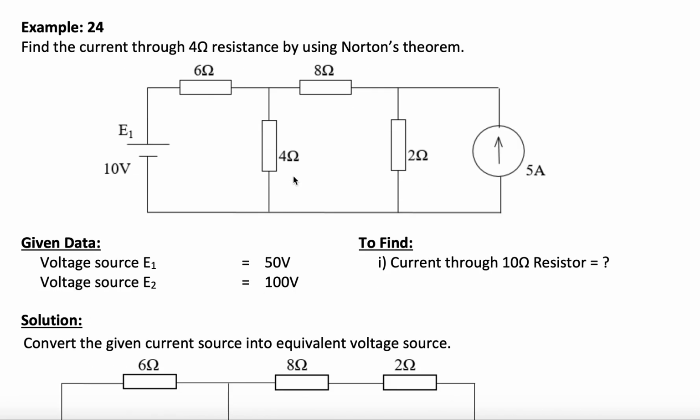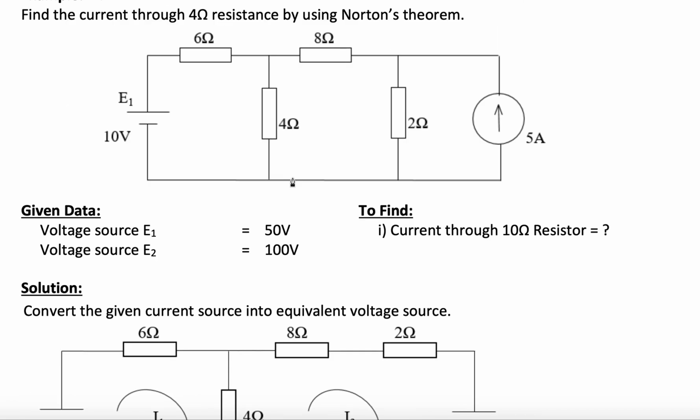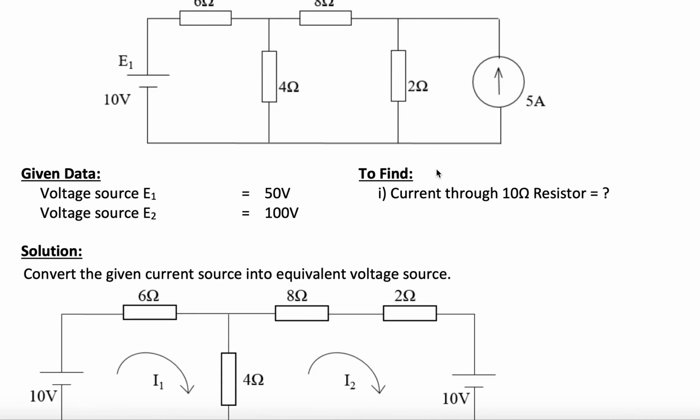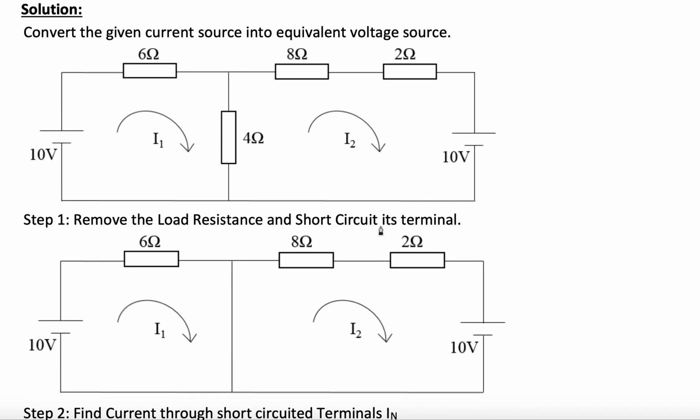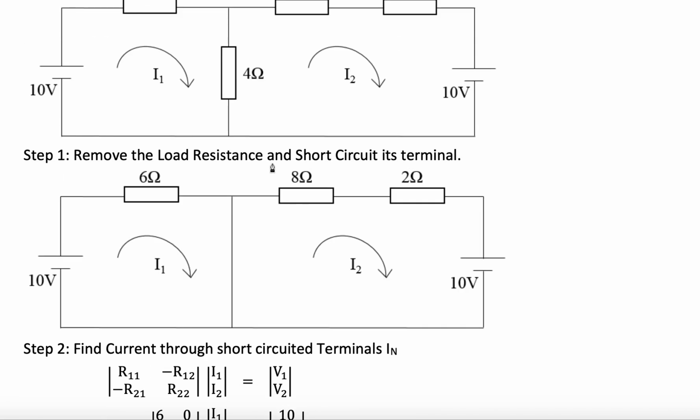There is no change, nothing. See, he used the source transformation, which simplified the problem. Now you can see it is a simple problem, right? In this case, you need to find the current through the 4 ohm resistor.